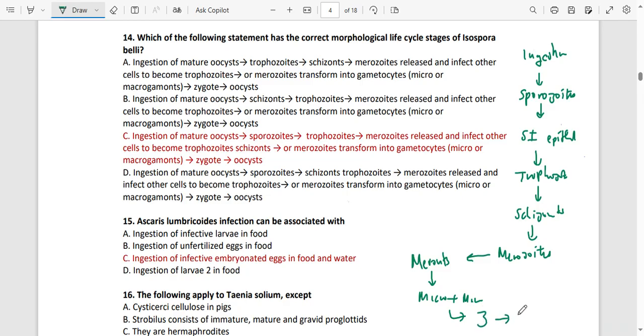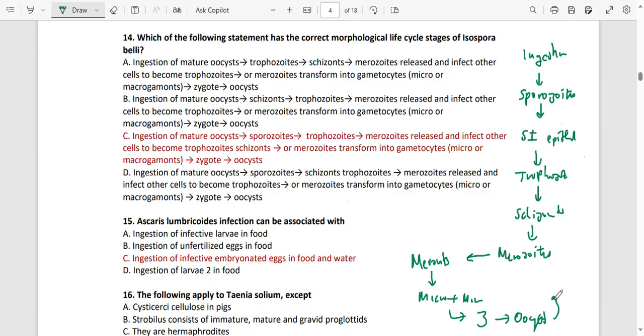The zygote can form again the oocyst. The oocyst will go back. It will undergo sporulation to form two sporocysts. And remember, two sporocysts, each sporocyst has got four sporozoites.